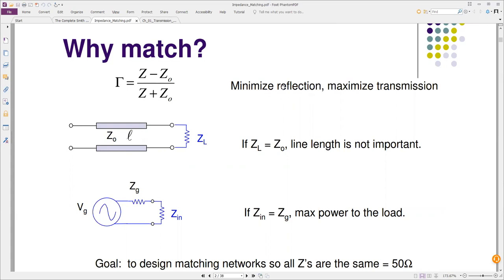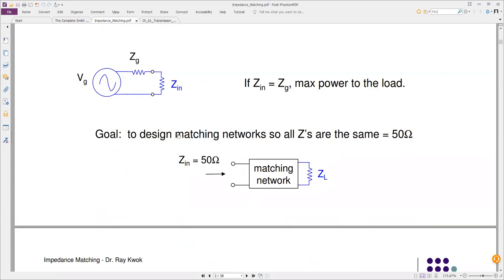So if you minimize the reflection, then you maximize the transmission. If ZL is equal to Z0, the line length is not important. If ZL is equal to ZG, the generator impedance, we get maximum power to the load. We have to design matching so all the Z's are the same.